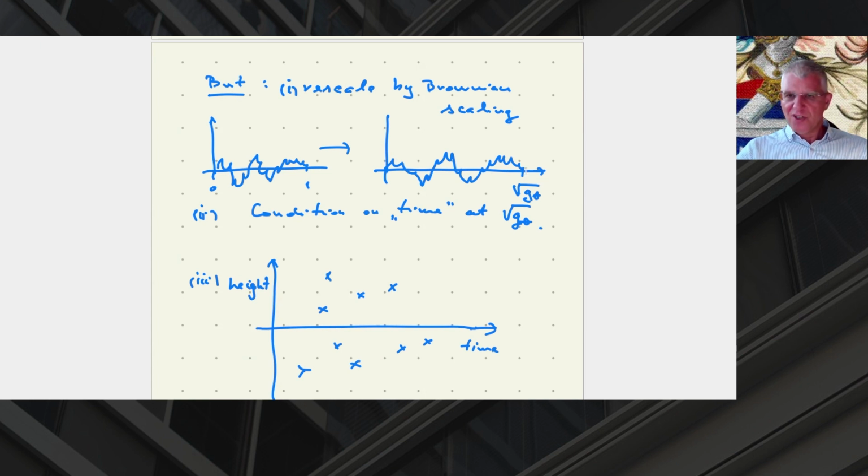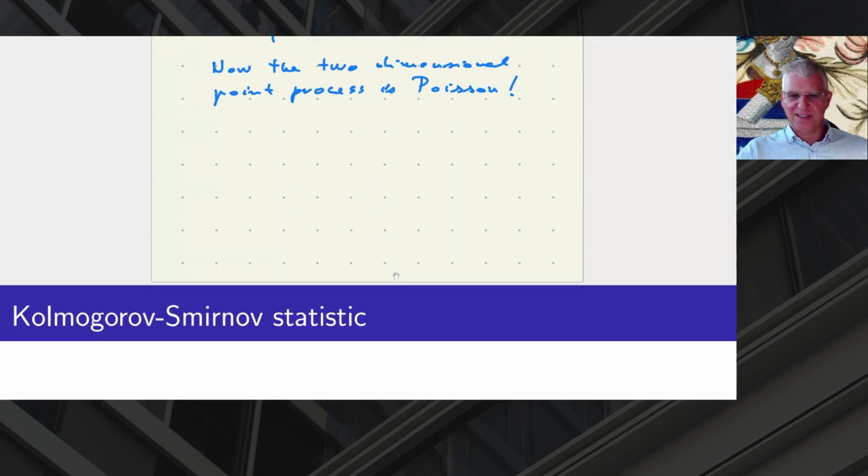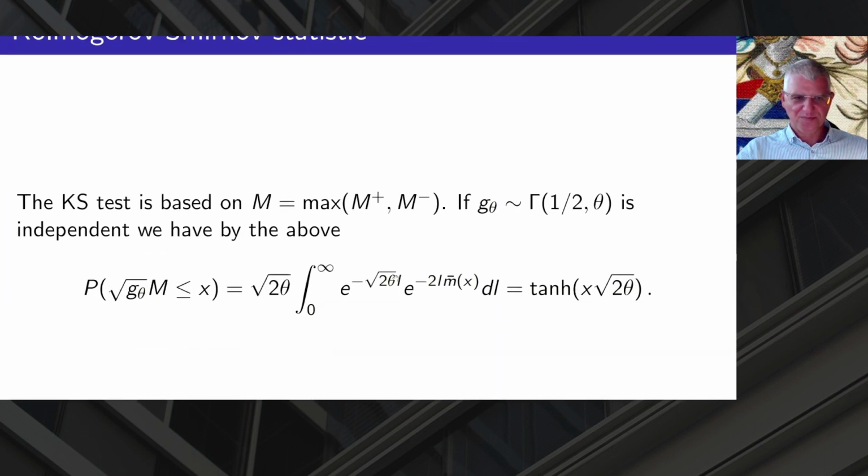And then if you condition it right, the heights of excursions are a Poisson process. And now once you're there, and once you know the intensity of that Poisson process, you can do all the calculations. And here are some calculations that we can now do.